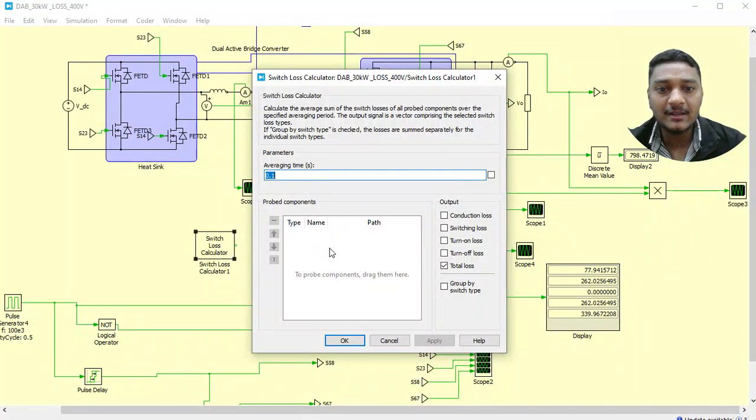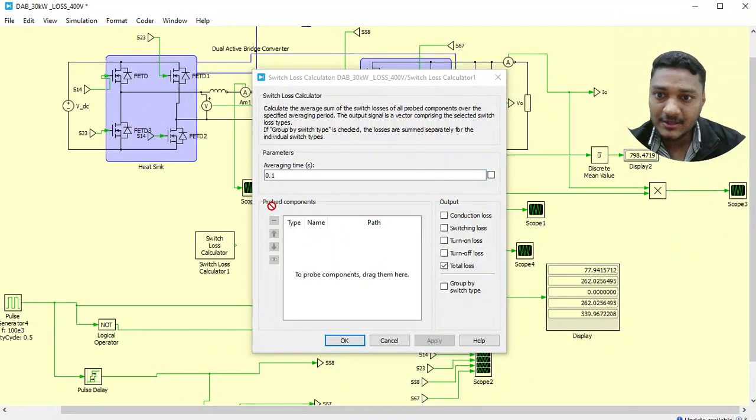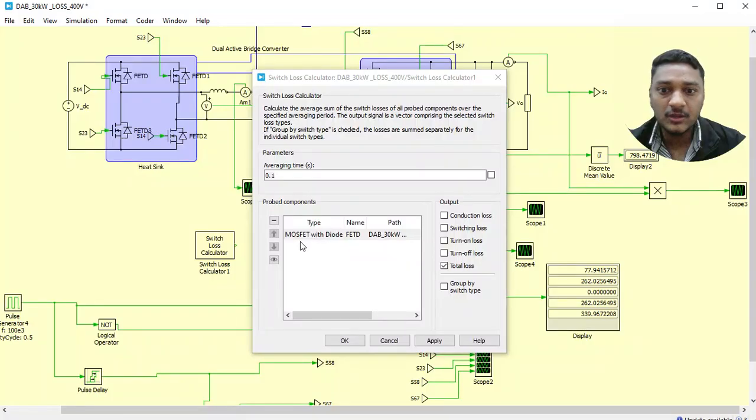Second, it will ask what losses you want to calculate: total loss, turn on loss, turn off loss, or conduction loss, and we need to specify across which device you want it. So you just keep this and insert it inside this. Suppose I am interested in only the turn on losses. I have kept this particular device here, and I have added the turn on losses.